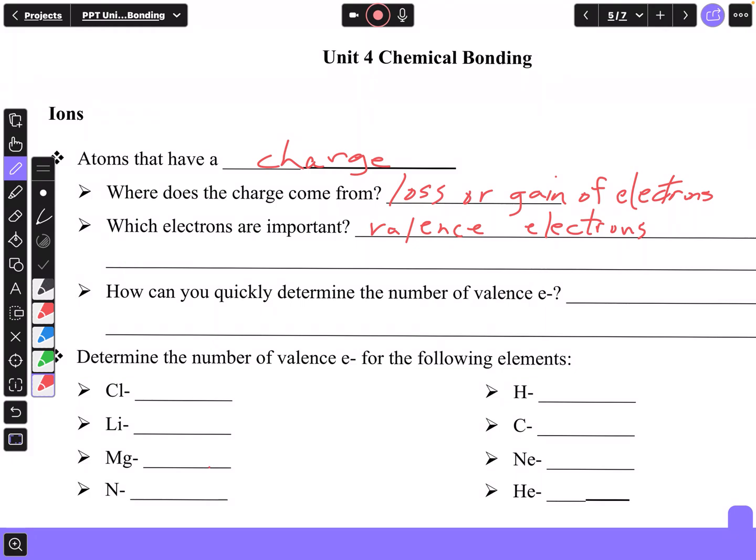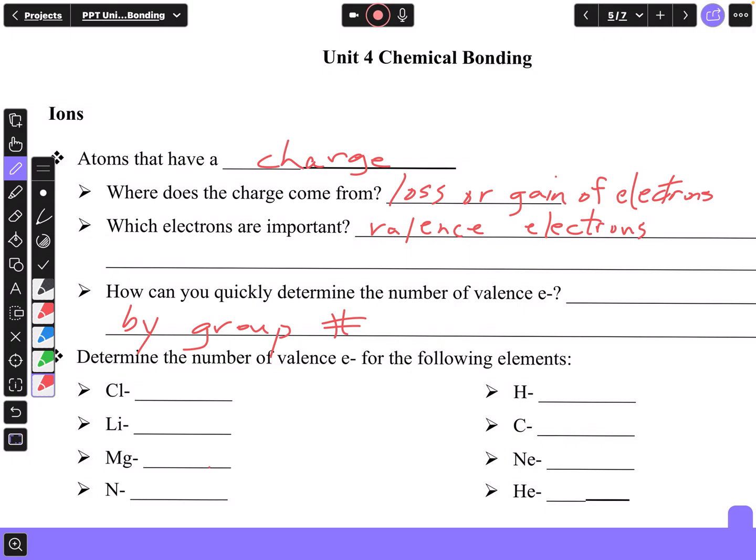It's by the group number that the element's in. The group is the vertical columns, and group 1 has 1 valence electron, group 2 has 2 valence electrons. If we skip through the middle of the periodic table and get to group 13, which is also called group 3A, they have 3 valence electrons.